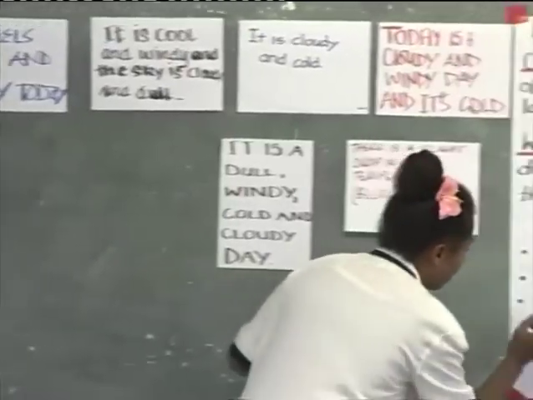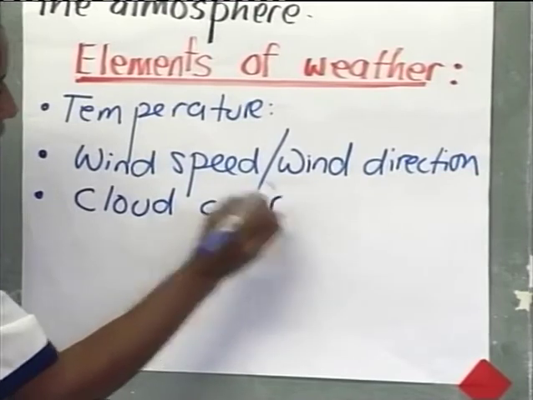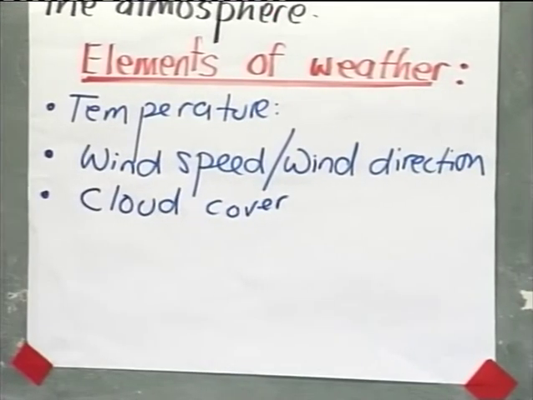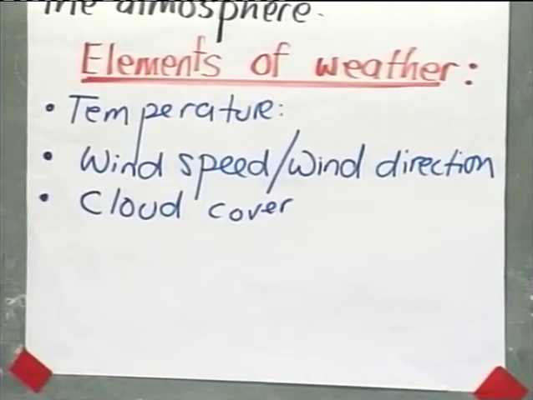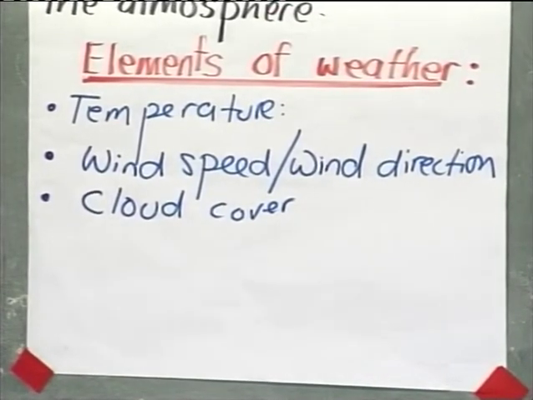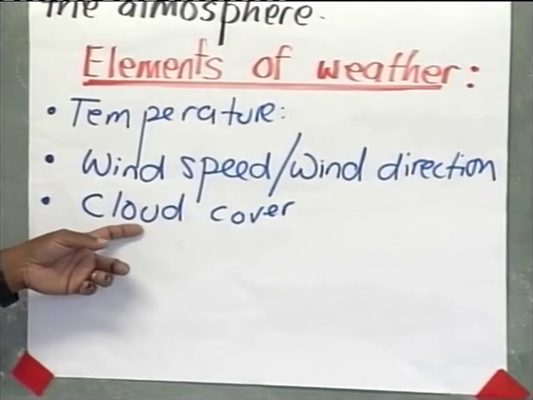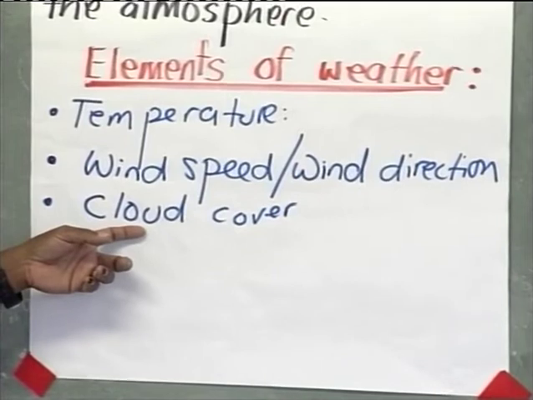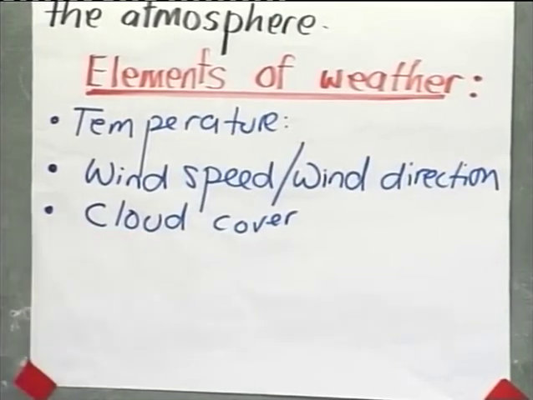Cloud cover. Cloud cover basically tells you how much of the sky is actually covered by clouds. There are a couple of ways you are able to tell. Usually, meteorologists would use their eyes to observe, because the eyes are the main instrument that they use to describe how much cloud cover there is for a day.